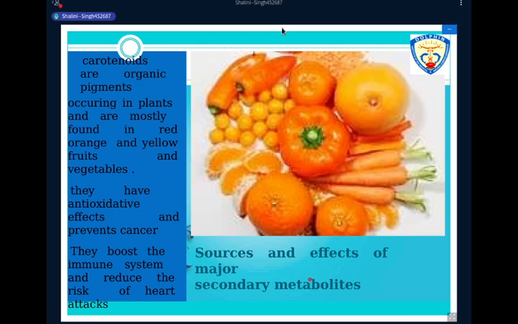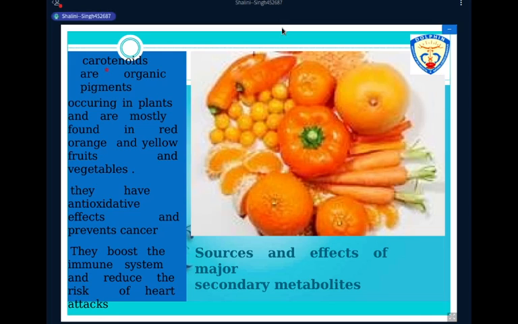So what is common there? You can see that they are mostly having a similar red-orange color, that is due to the presence of carotenoids. Carotenoids are organic pigments occurring in plants and are mostly found in red, orange, and yellow fruits and vegetables.